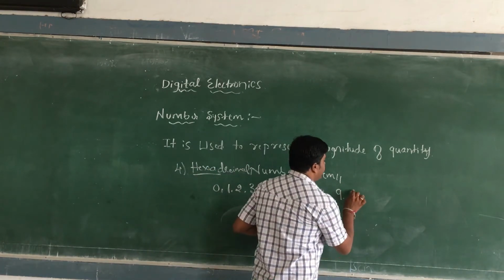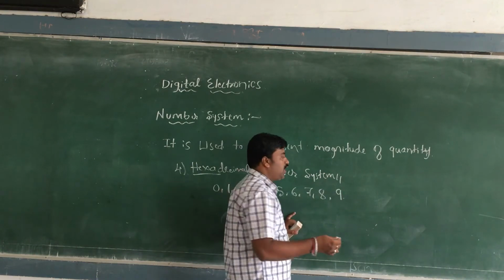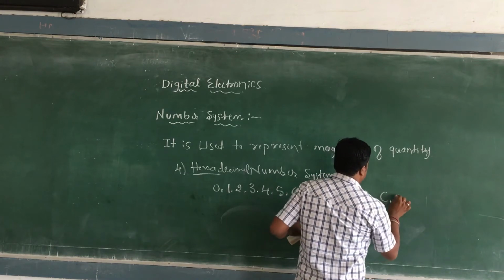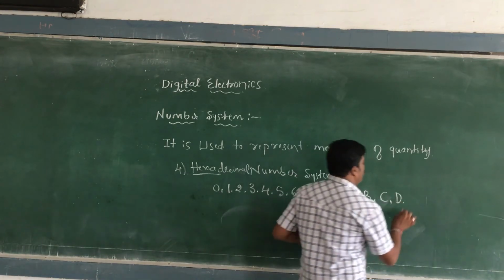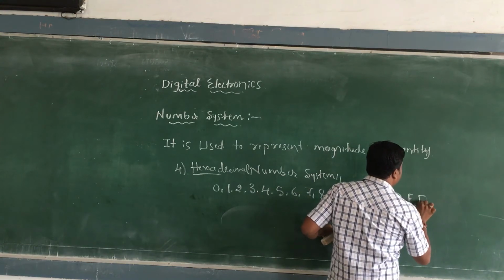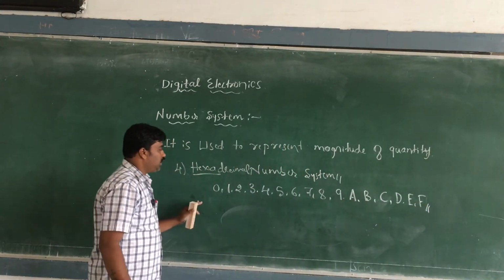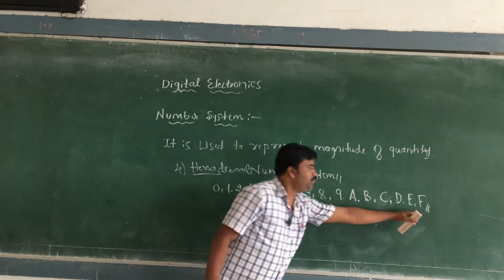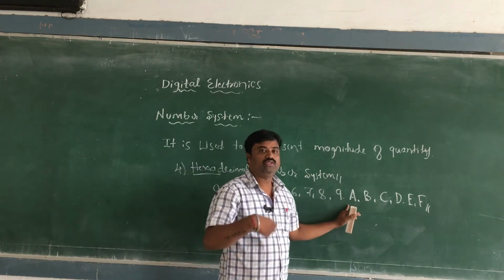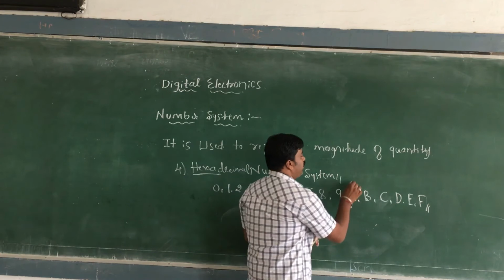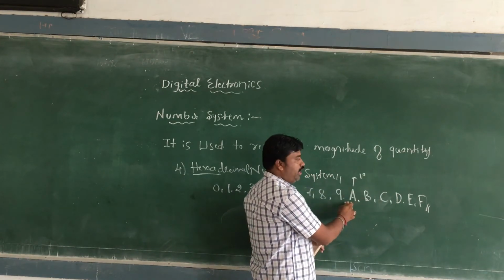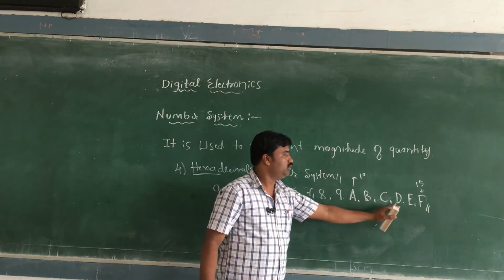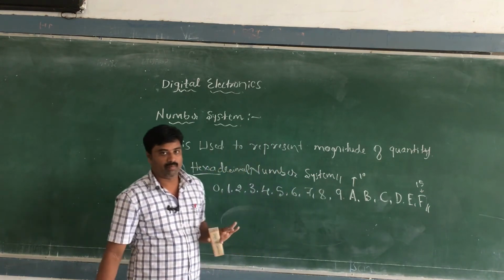And for 10 we use the alphabetical character A, for 11 B, for 12 C, for 13 D, for 14 E, for 15 F. From 10 onwards we use alphabetical characters.